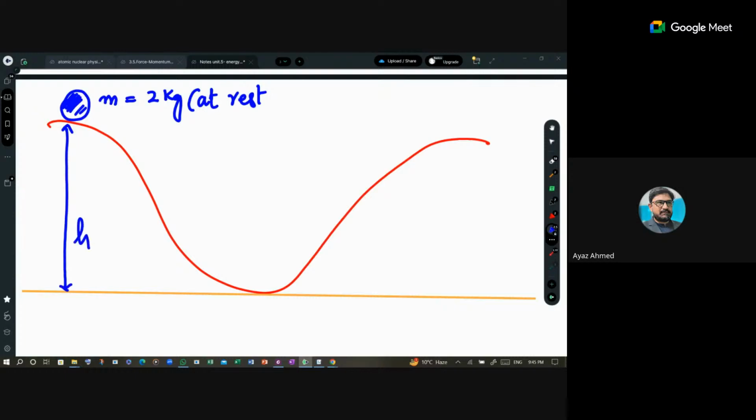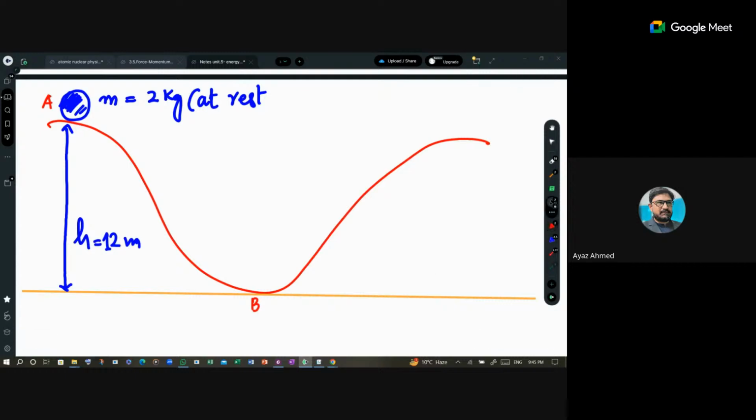Let's say that height is 10 meters. Do you have a calculator? Yes. Then I can place any other value. Let's say this is your position A, here will be its position B, and I can mark any other position later on.